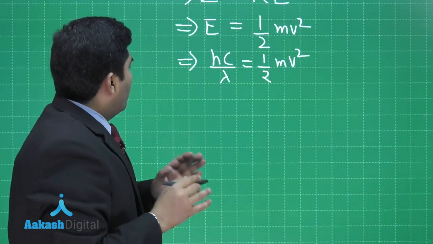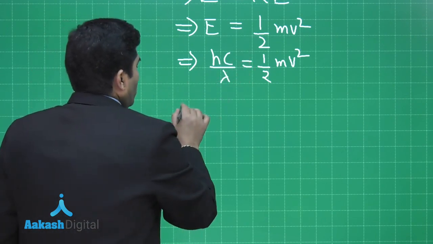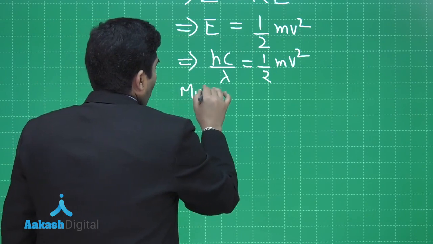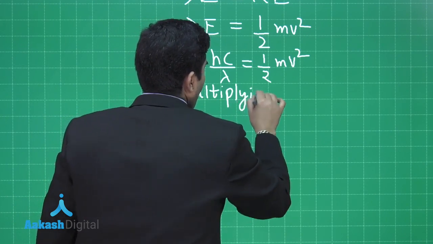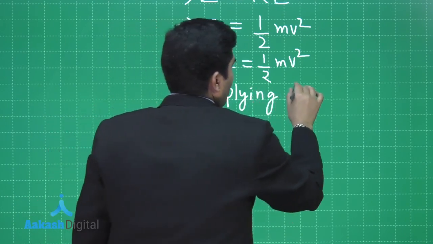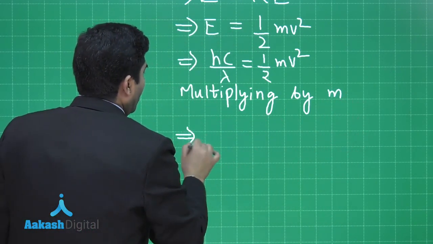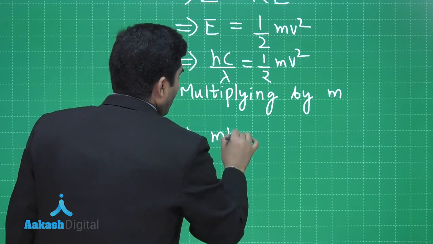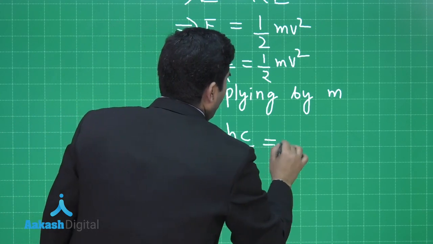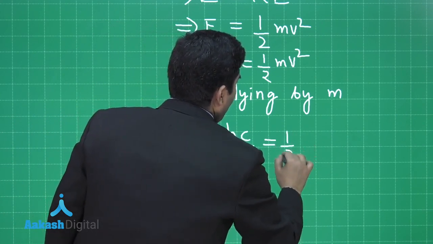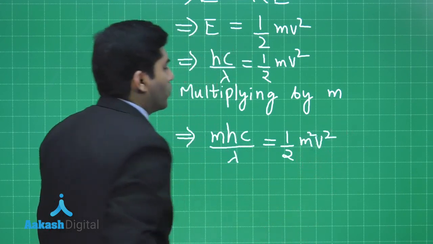Now what we are doing, we are multiplying by m on both the sides. So our left hand side will become m hc by lambda is equal to half m square v square, right?